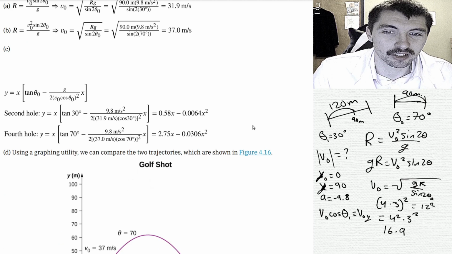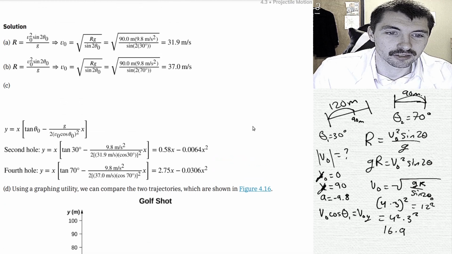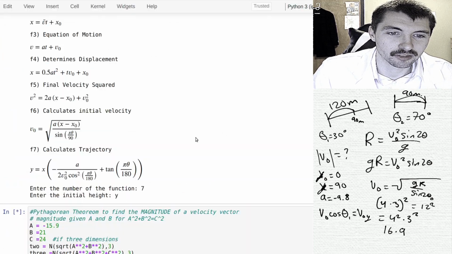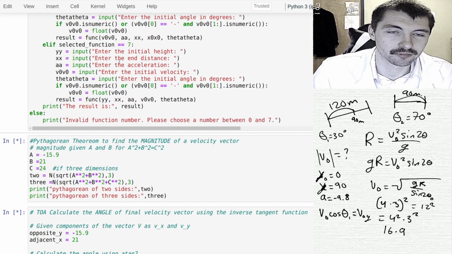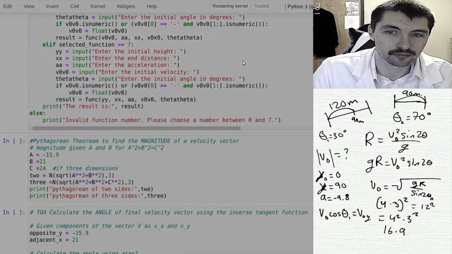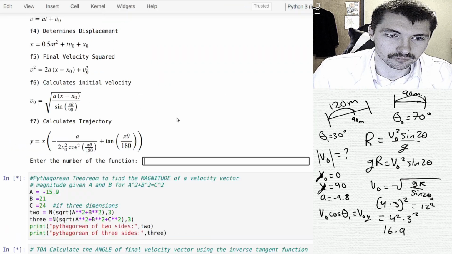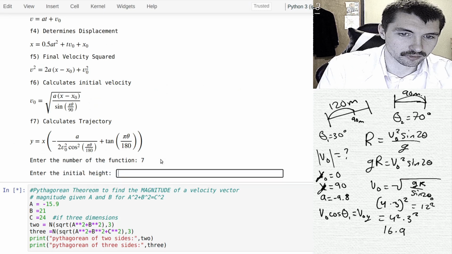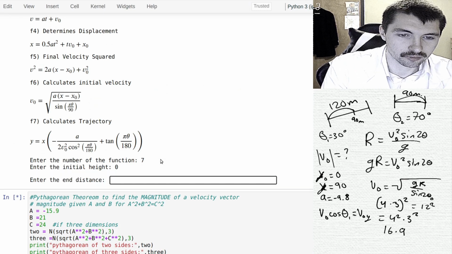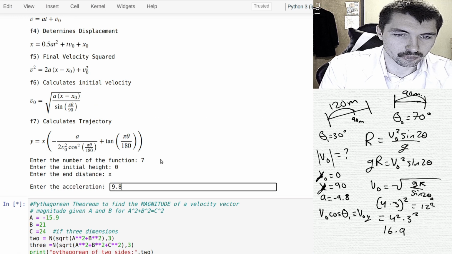Okay, we're gonna say it is 0. Let's say y is 0. Seven. 0. Solving for x. 9.8.